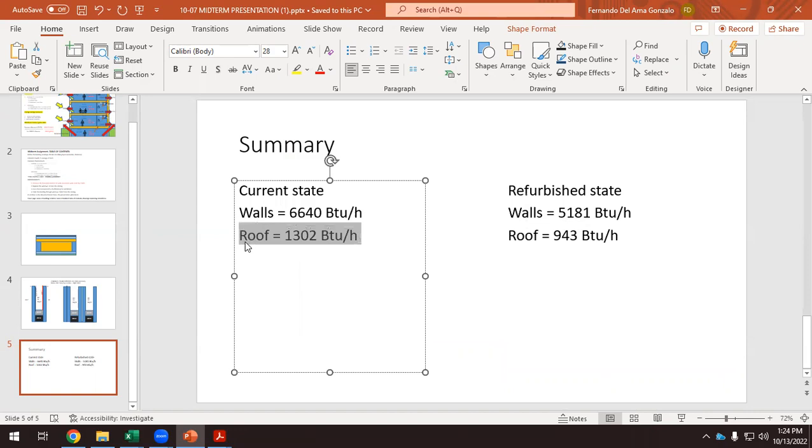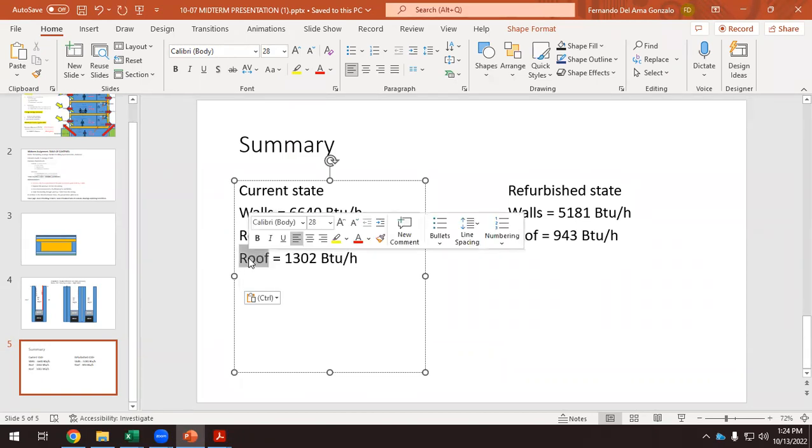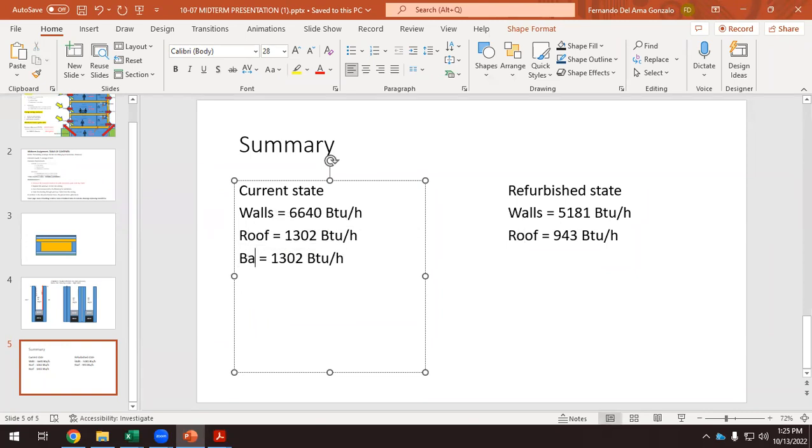What's next? Windows. Or let's do the basement first.